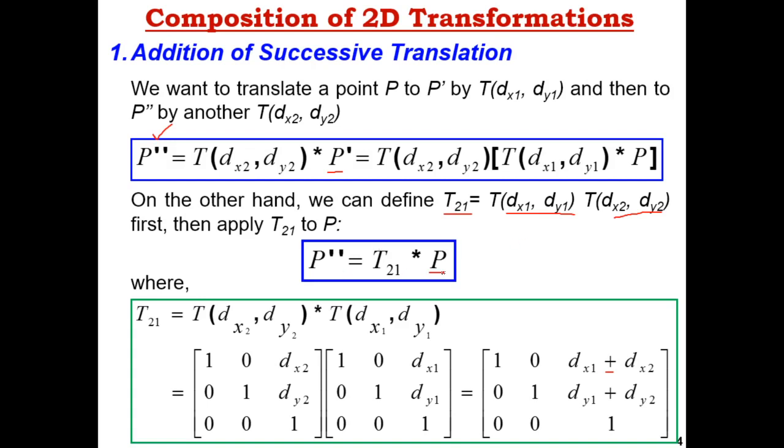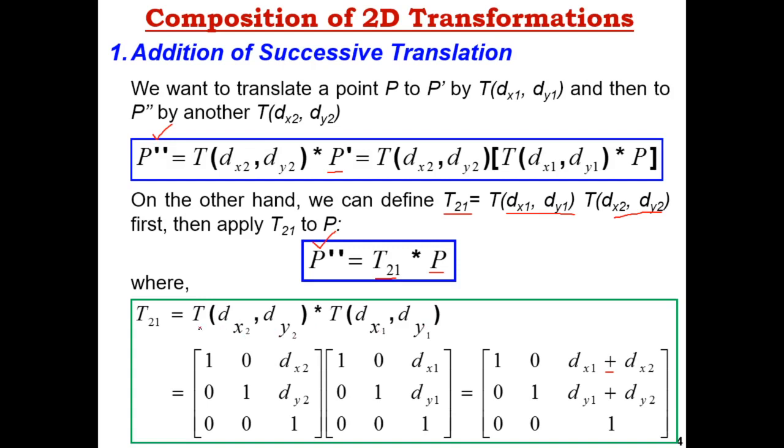Whenever you apply P to T21, this result happens. So how will T21 be calculated? T21 is calculated by this one, with dx1 here and T(dx2, dy2) here.